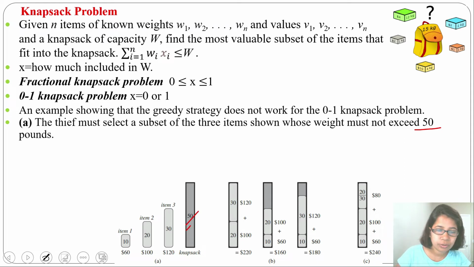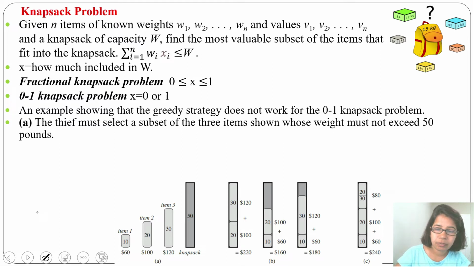Now suppose he will choose item 2 and item 3. Item 2's weight is 20 pounds, item 3's weight is 30 pounds, total 50 pounds, and its value is $100 plus $120, which is $220. Suppose the thief will choose item 1 and item 2. Item 1's value is $60, item 2's value is $100, so the total sum is $160.